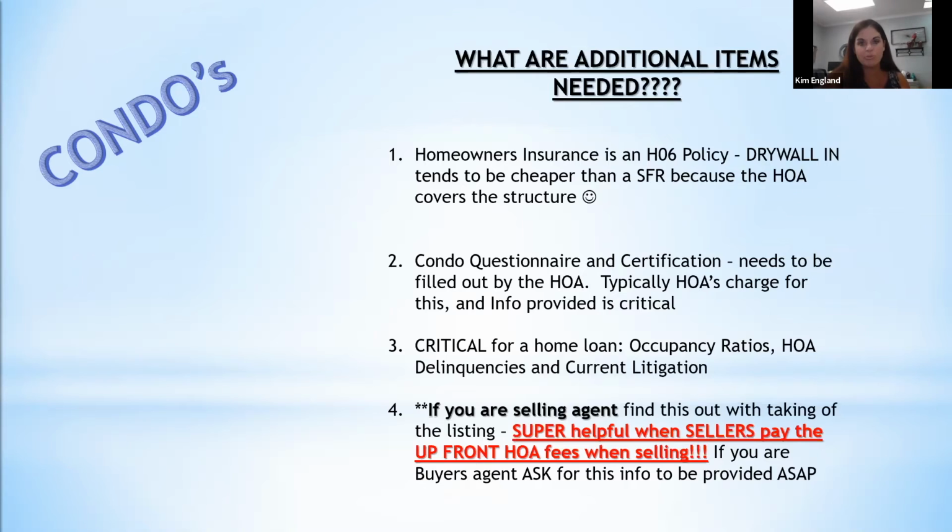So it's super important, if you're listing a condo, that the seller contacts the HOA and does whatever is needed to help defray the delays, because we're seeing delays all over the place. HOA docs are taking weeks to get instead of a couple of days because everybody's working remote.